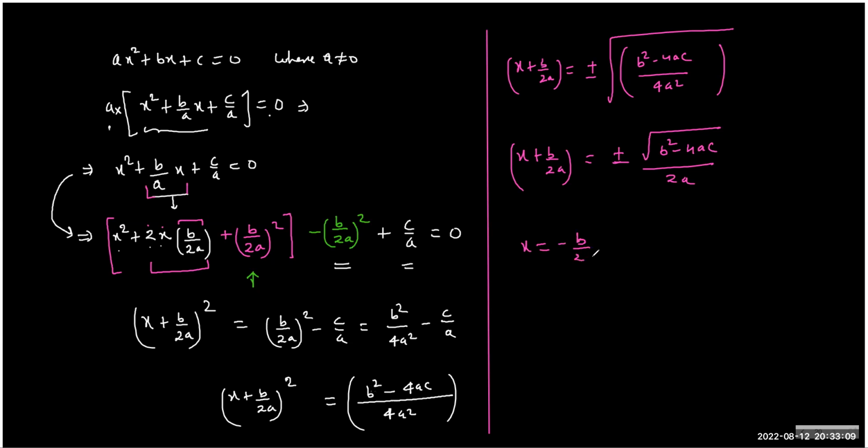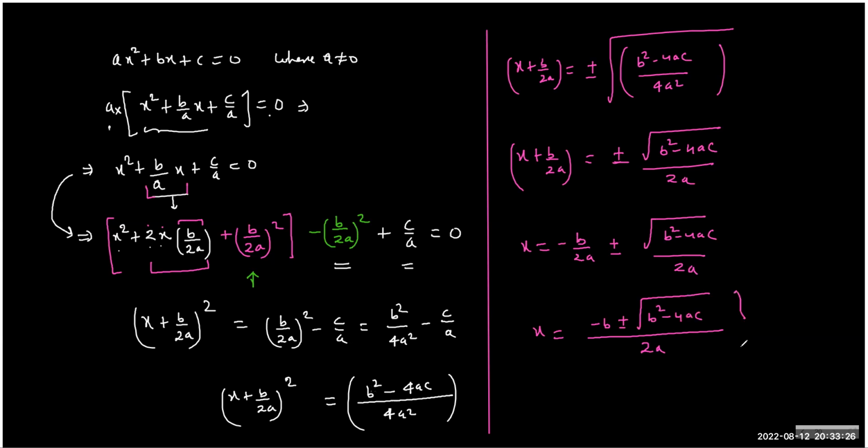Minus b by 2a plus or minus under root of b square minus 4ac upon 2a, and because 2a is the same denominator, x equals minus b plus minus under root of b square minus 4ac, upon 2a. And plus minus is saying there are two possible answers, one with plus, one with minus.